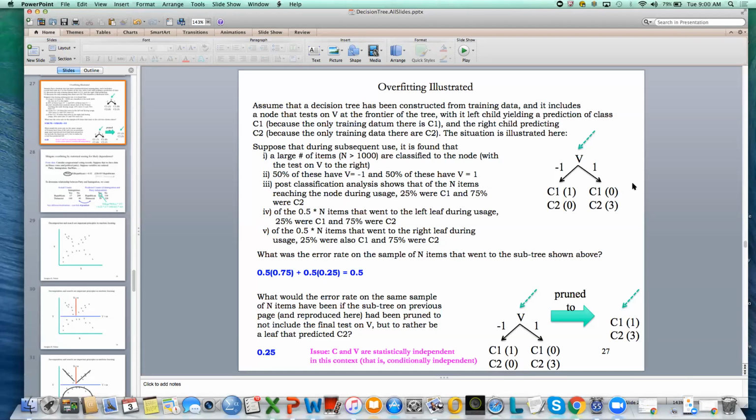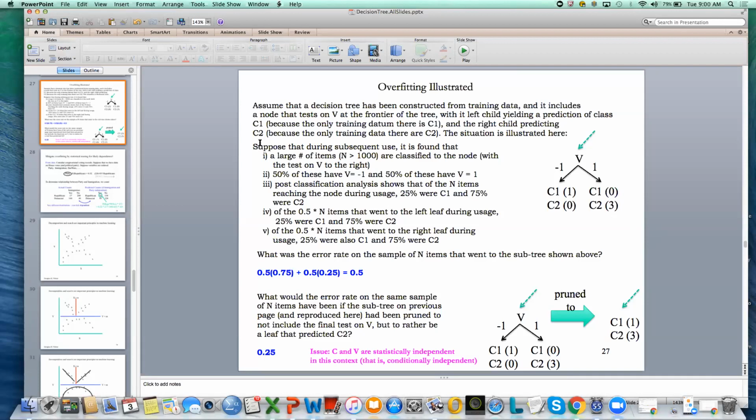If I'm optimistic about the utility of information in the data, I might actually choose to keep that. But if I'm pessimistic, I might say this is too little data to make a decision like this. And why can that be a problem? It can be a problem because it actually leads to a reduction in accuracy.